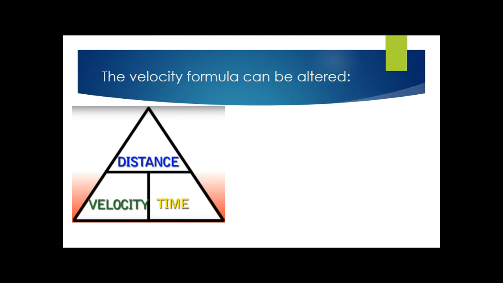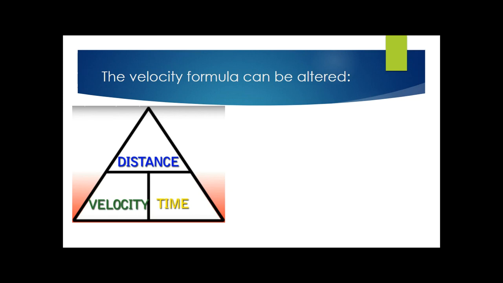If you take a look at the screen, we have distance, velocity, and time. This is what I'm talking about using the triangle. If you were to take your hand and cover up the word velocity, you can see that distance is over time. So that means that distance is divided by time. If you were trying to find the time, now cover up the time.